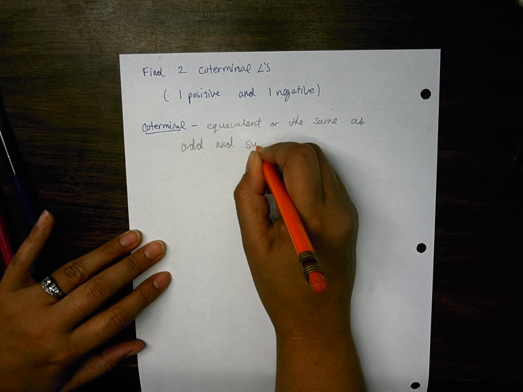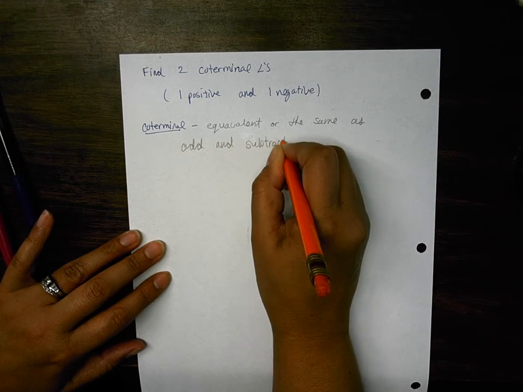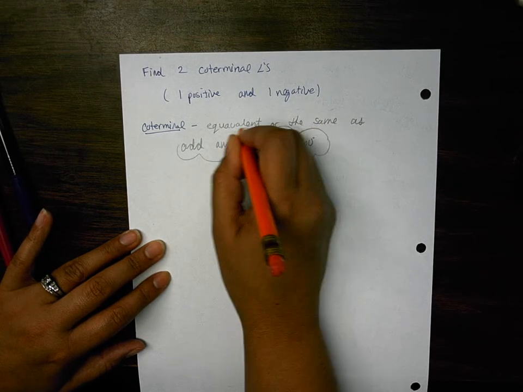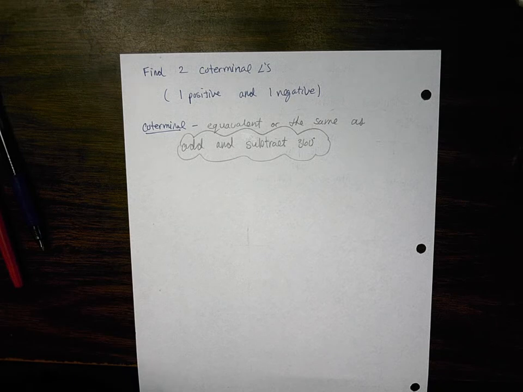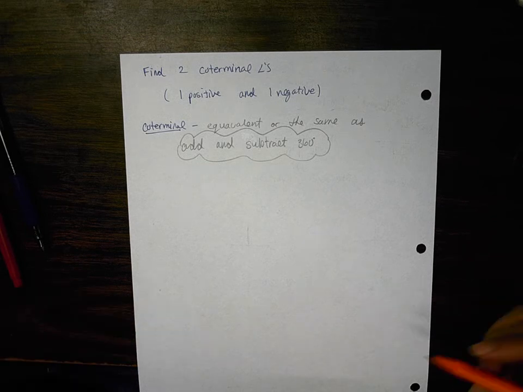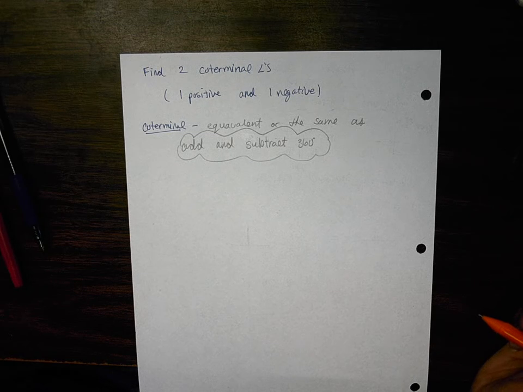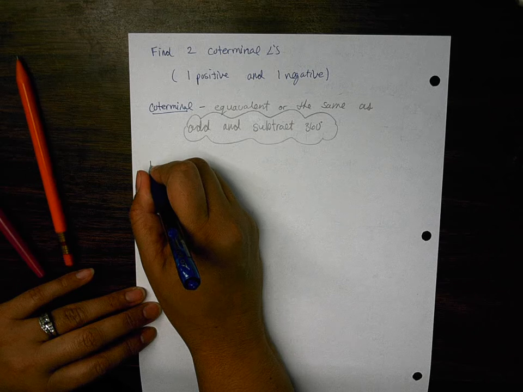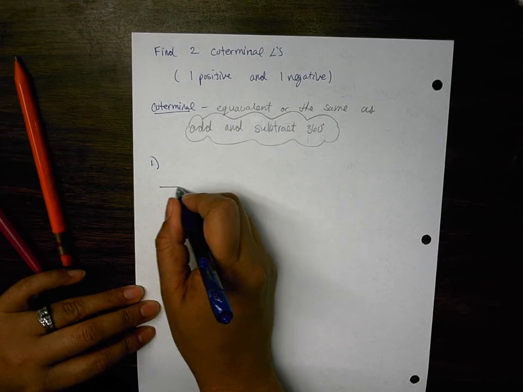What did you say? One more time, a little louder. Good job. Add and subtract 360 degrees. When you did this last year, did you also do it with radians? What would you add and subtract if you're working with radians? Does anybody remember? 2 pi. You guys are awesome. So that'll be tonight's lesson because you'll watch it tonight. Okay.